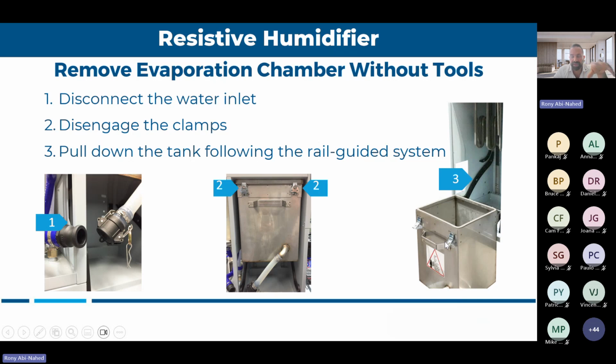So you don't care if there's conductivity or not. You can go with city water, RO, DI, water softener. There's no issue here. Plus, in the long run, it costs less in maintenance because you're not throwing away these plastic cylinders. You're just cleaning the tank. If you have decent water, you will need to clean the tank once a year. And if you put an RO before the unit, then you barely need to clean it at all. So that's the advantage of going resistive.